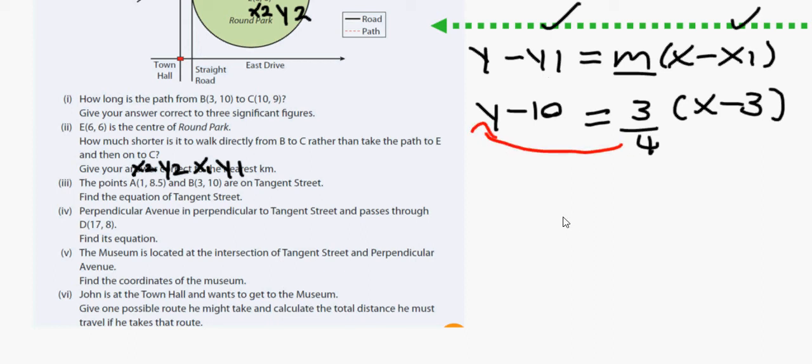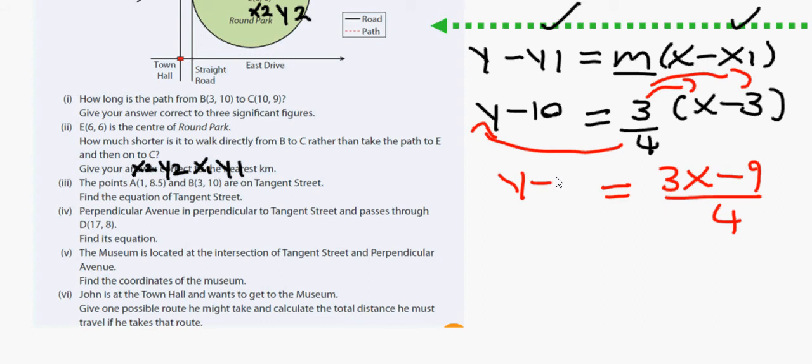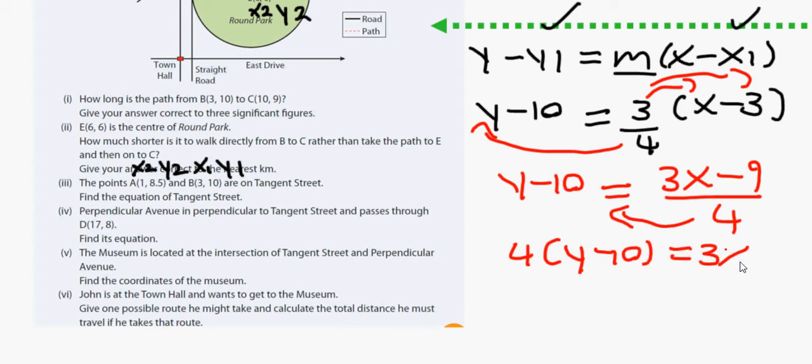If you don't understand this, a different way of writing it would be to multiply out the top part first, and you're going to get (3x minus 9) divided by 4, because you have to divide everything by 4, equals y minus 10. Then you can bring the 4 up, so it's 4 into y minus 10 equals 3x minus 9. So then we get 4y minus 40 equals 3x minus 9.